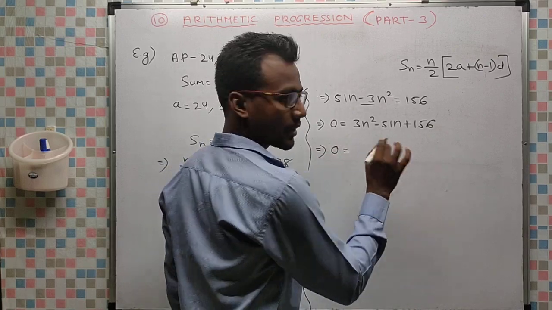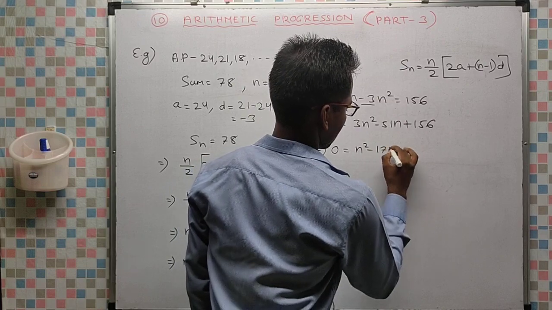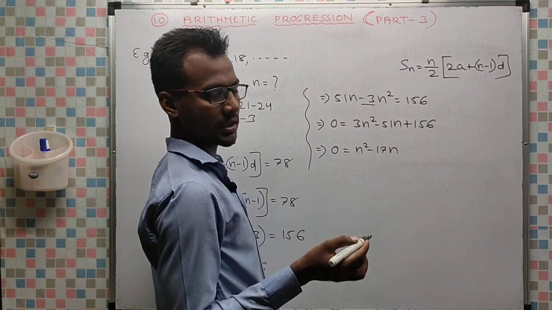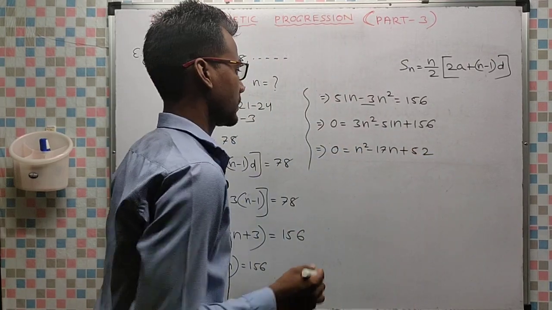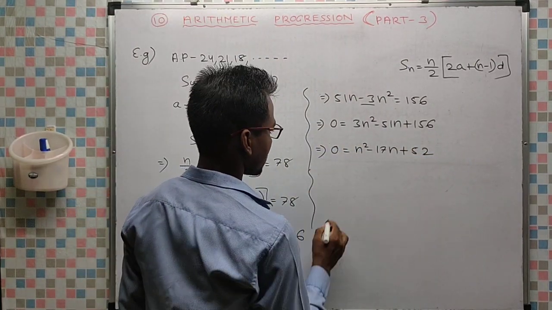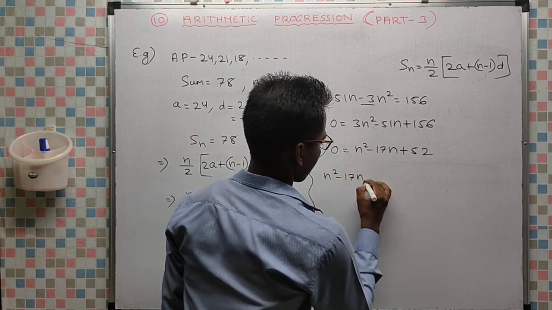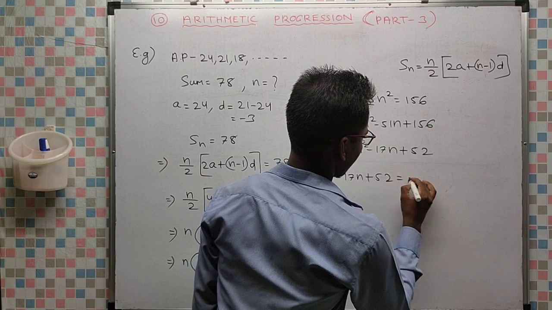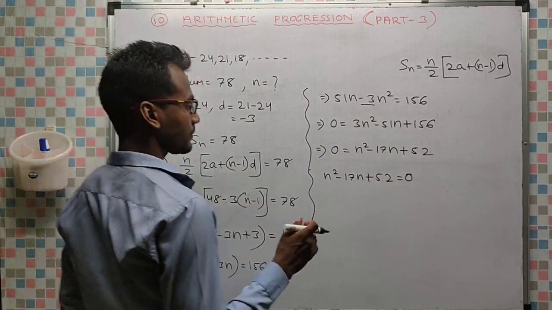Dividing by 3, 0 is equal to n square minus 17n plus 52. So you got a quadratic equation in standard form. You know how to solve this.